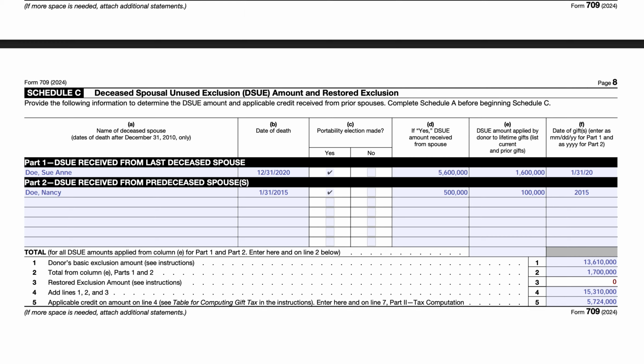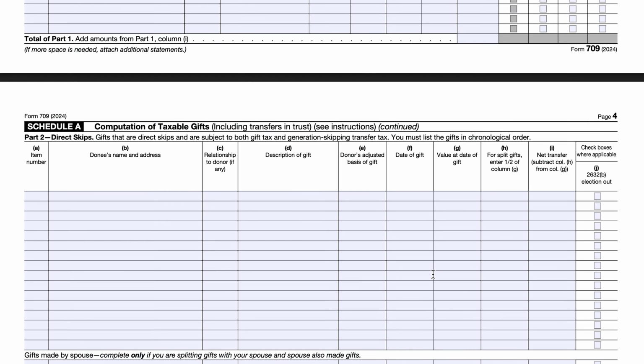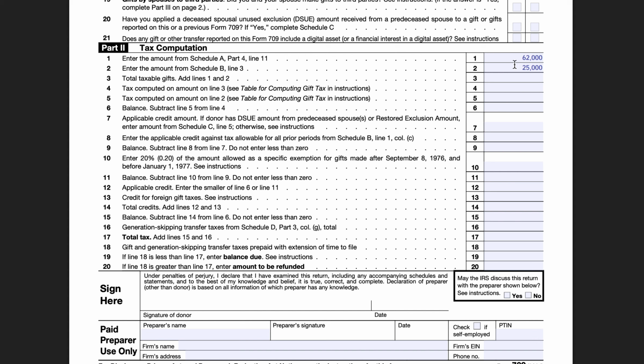We would enter this amount here, and then we would also enter it in line 7 of part 2. So we go all the way up to part 2, and we see that we've started some of this information up here, and we're going to put the applicable credit amount right there. That's it in a nutshell for Schedule C. You would see that there's a pretty outsized exclusion amount.